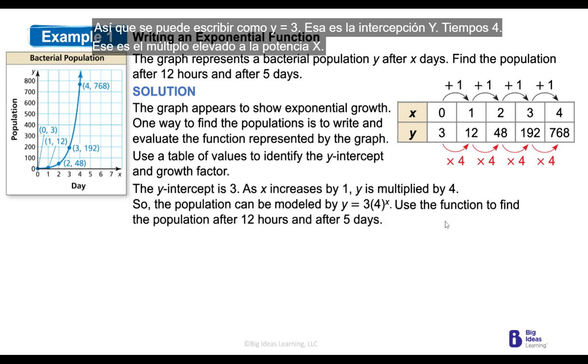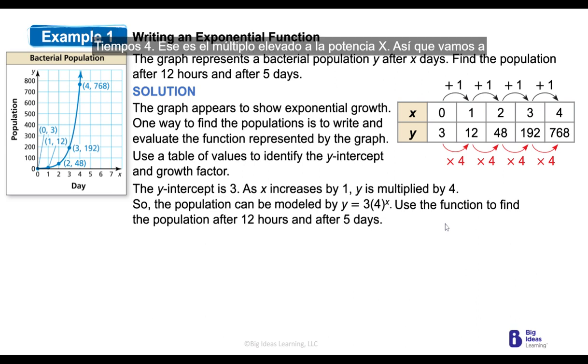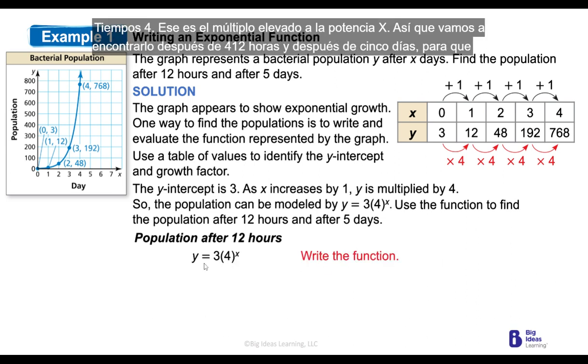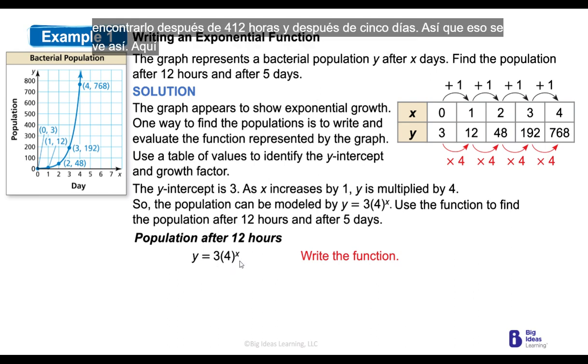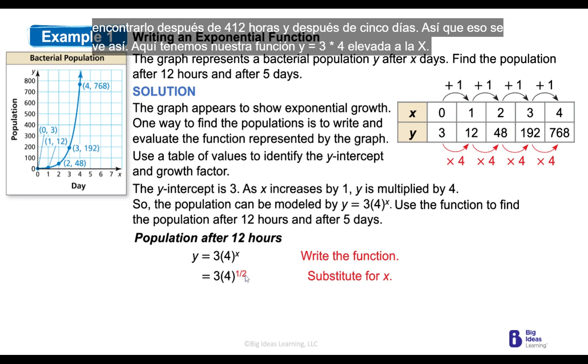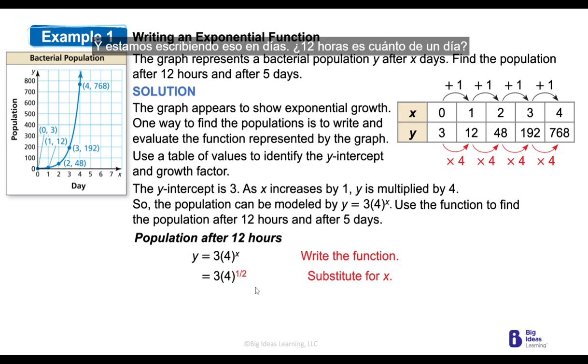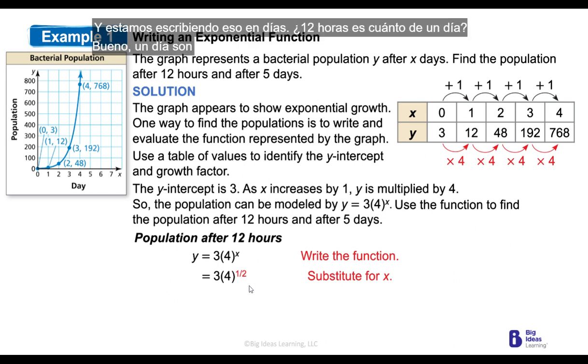So now let's find it after 12 hours and after 5 days. Here we have our function y equals 3 times 4 raised to the x. And we're writing that in days. 12 hours is how much of a day? Well, a day is 24 hours. So 12 over 24 is 1/2. So 3 times 4 raised to the 1/2 power.